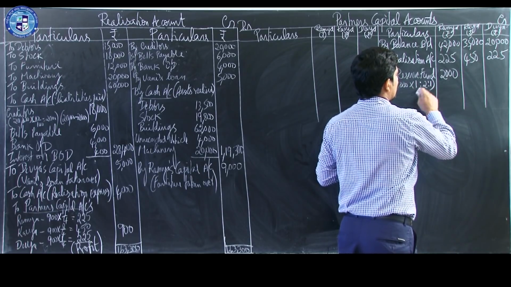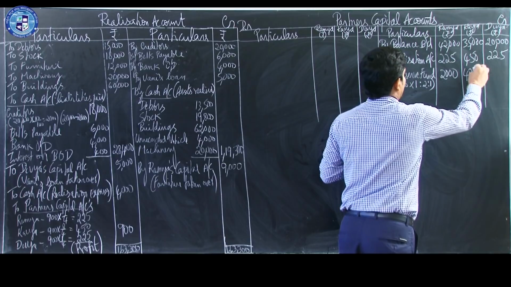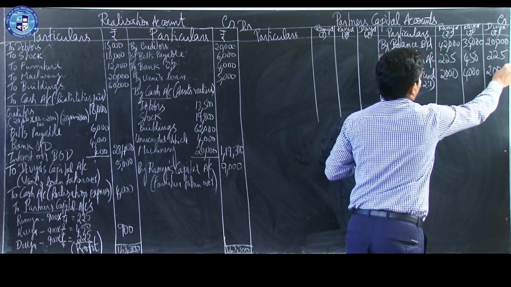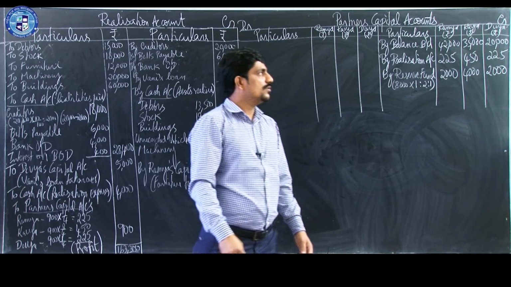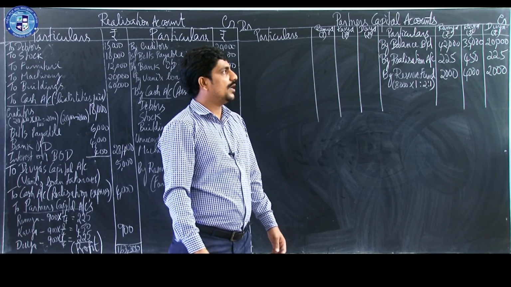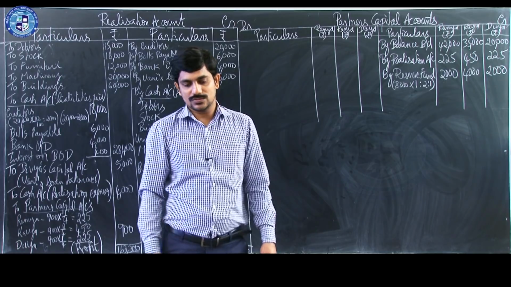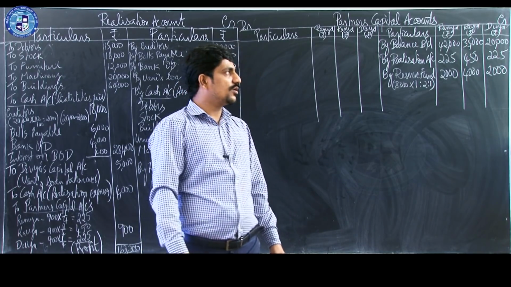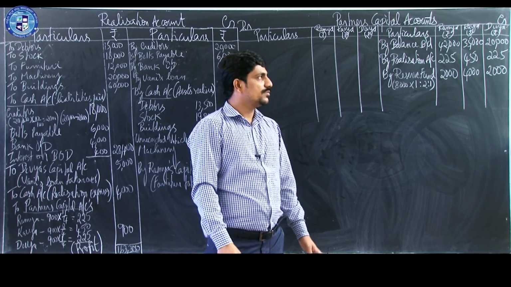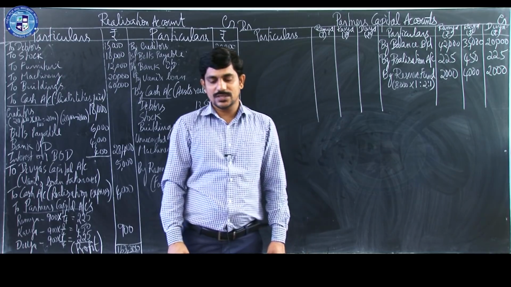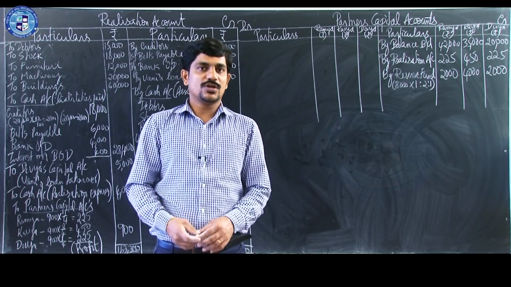Second partner 8,000 into 2/4, 4,000. And 8,000 into 1/4, 2,000. So it is 2,000, 4,000 and 2,000. So there is no profit and loss account, so no recording. Next, what you have to record?